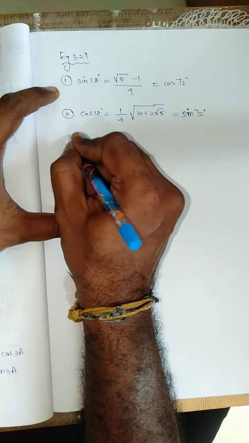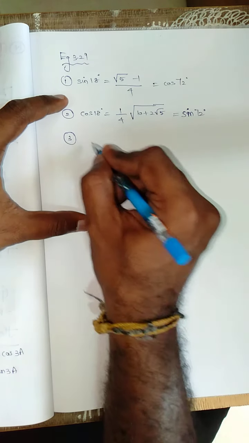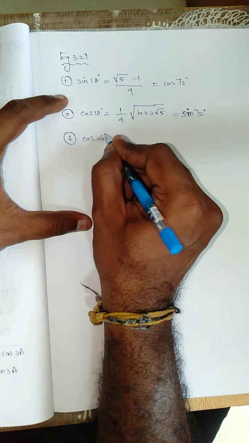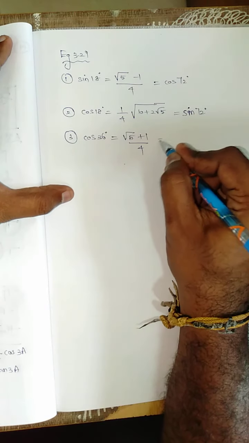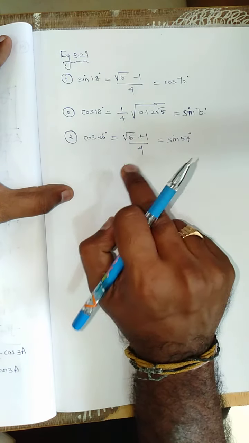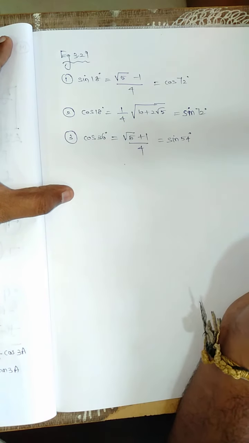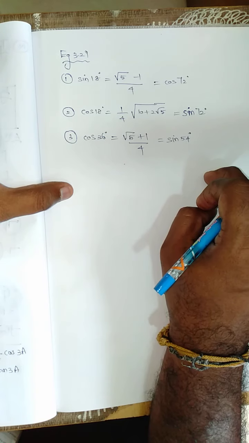Next, the third one: cos 36 degrees is equal to square root of 5 plus 1 by 4, which we can write as sine 54 degrees. Therefore, sine 54 degrees is root 5 plus 1 by 4. These were derived in example 3.29.